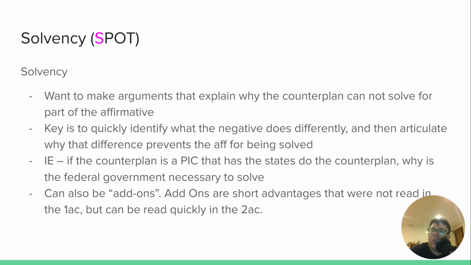We're going to talk about the first category of arguments, which I think are the most powerful ones and ones that you should rely on the most in a debate, and that's solvency, the S in SPOT. You want to make arguments as to why the counterplan cannot solve for part of the affirmative. The best way to do this is to identify what the negative does differently in their counterplan, and then articulate why that difference prevents the 1AC impacts from being solved.